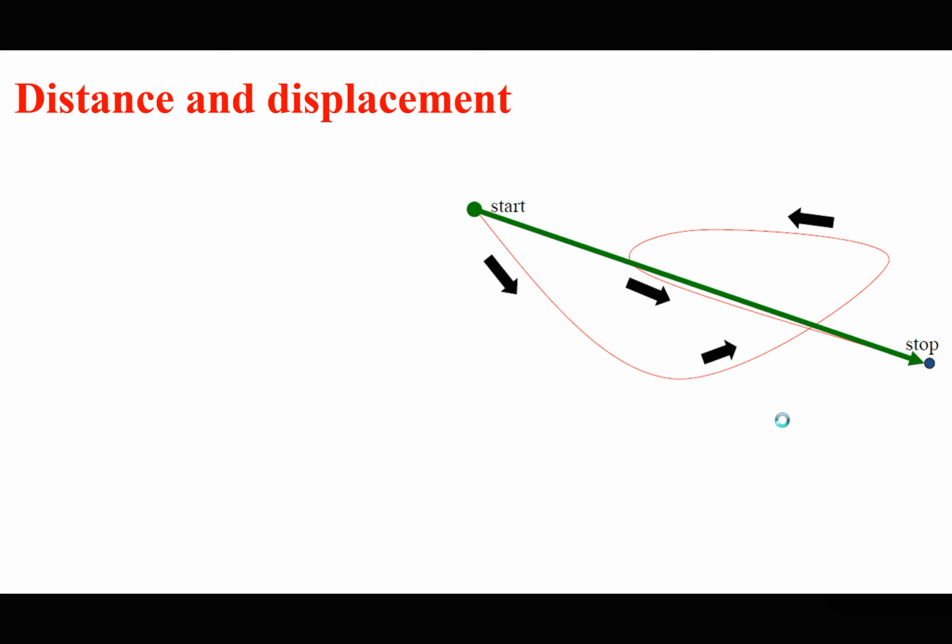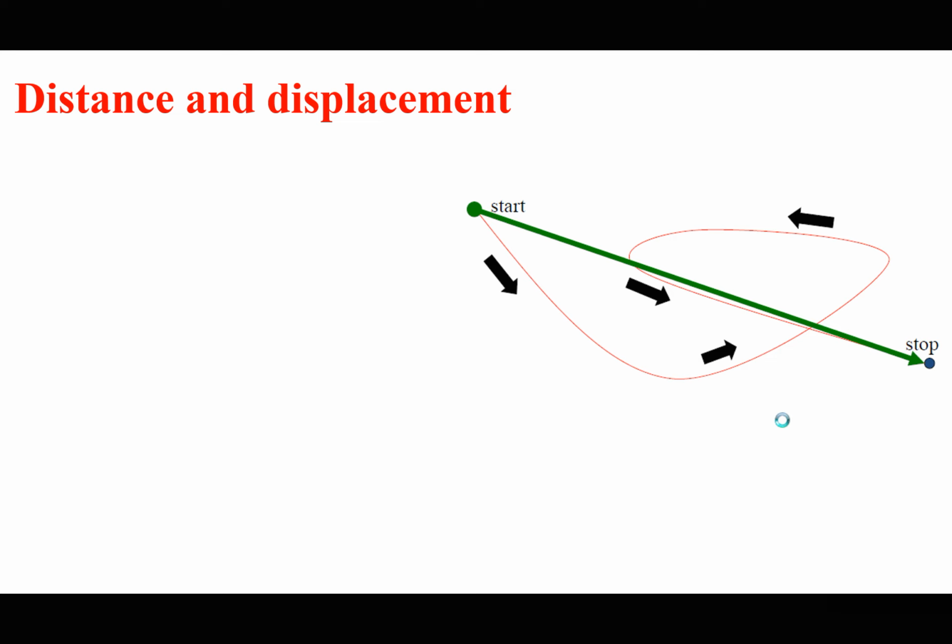There are two ways of reaching the stopping point. Either you move directly from the starting point in a straight line to the stopping point, or you move around the red path until you reach the stopping point. But in most cases, the road or the only available path could be the red path. So what we are trying to distinguish is distance and displacement.